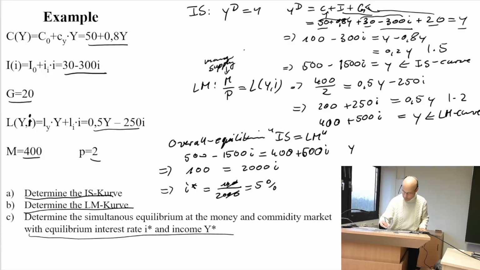Then of course also we need Y star, the equilibrium income. How do we obtain the equilibrium income?